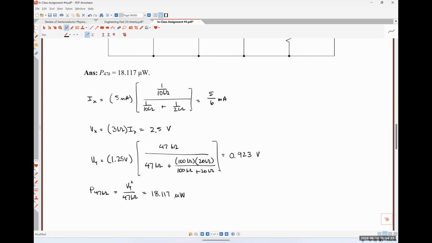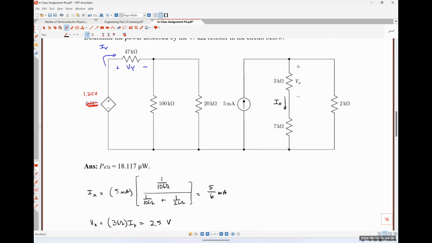Real quick, could you just go over a quick conceptual explanation as to why you're only dealing with the 47 kilo ohm, the 100 kilo ohm, and the 20 kilo ohm for solving for power or doing voltage division? Sure. So, okay, this is going to take a minute or two, but hopefully it'll make sense.